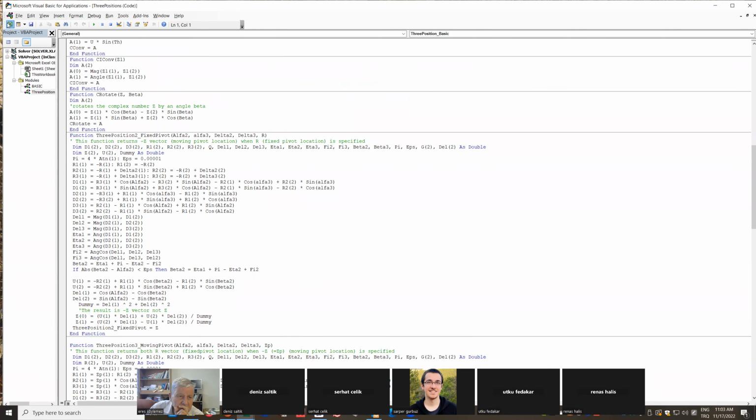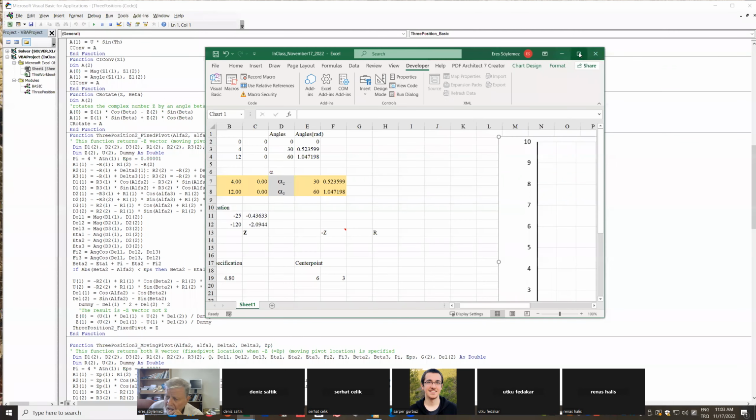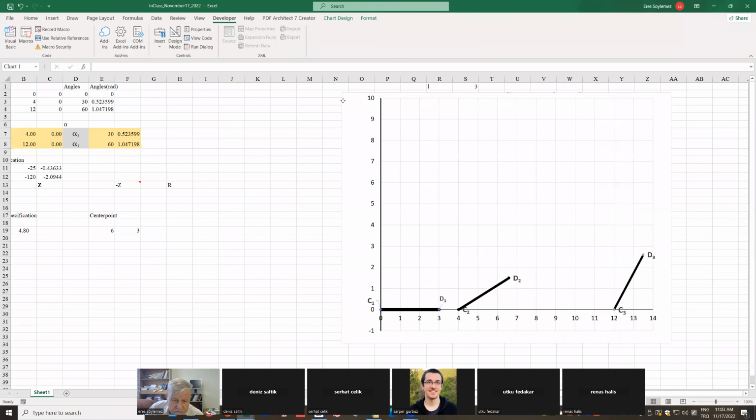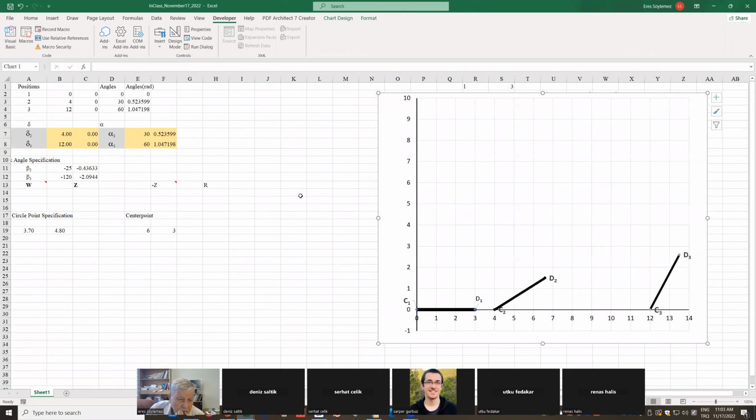Let us see how we can use it. I have considered a few things. Crank angle specification. Let us see that first.